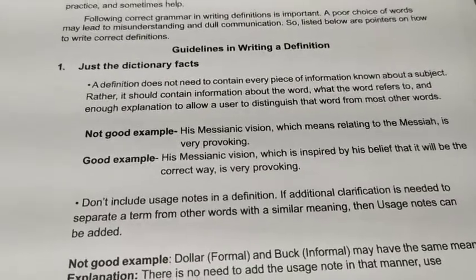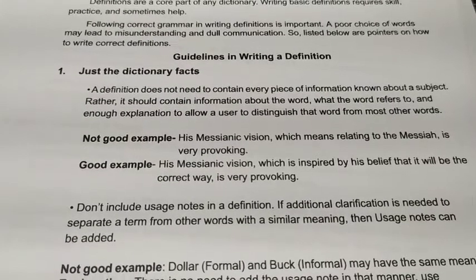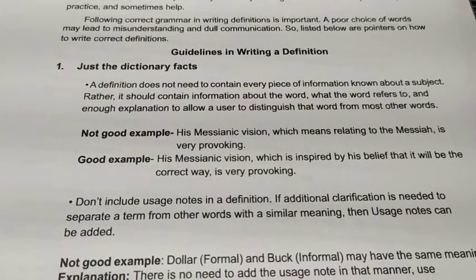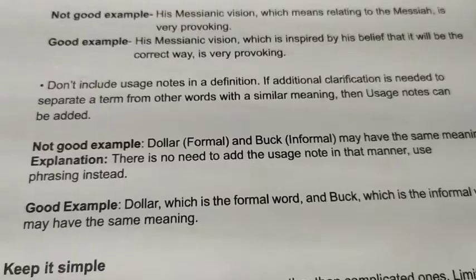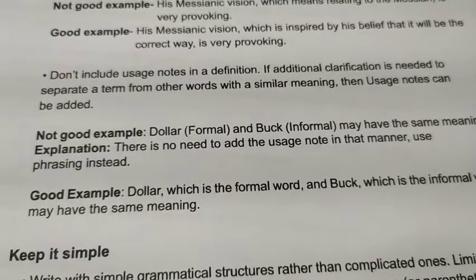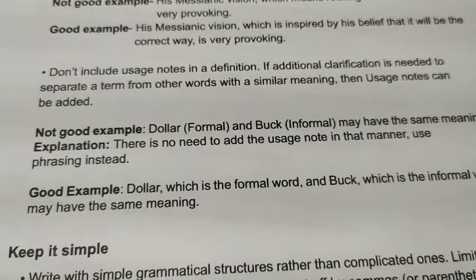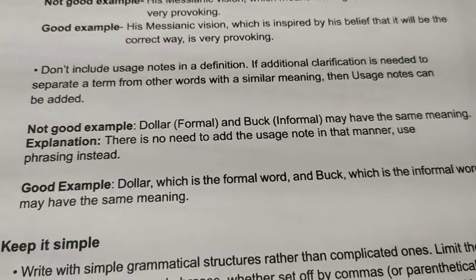So don't include usage notes in a definition. If additional clarification is needed to separate a term from other words with a similar meaning, the usage notes can be added. So here we have very evident examples. Not good example, dollar, formal, buck, informal may have the same meaning.